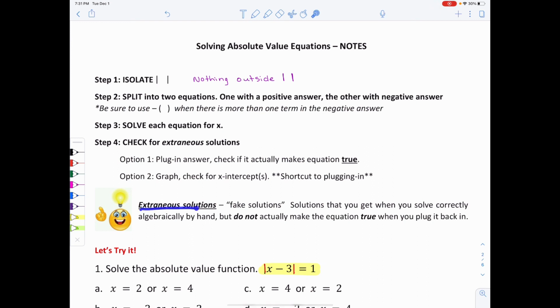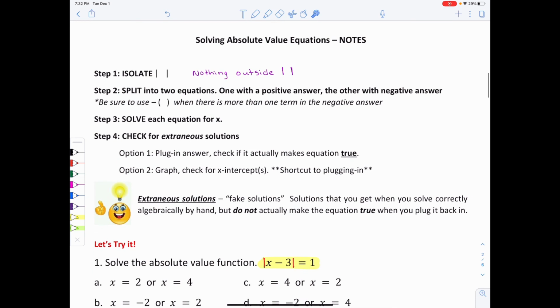Here's an easy definition for extraneous solutions. I usually tell my students they're kind of like fake solutions. They're solutions that you get when you solve correctly, algebraically, but that answer doesn't actually make the equation true when you plug it back in. So you can choose either way.